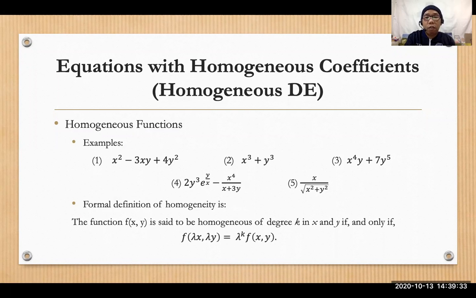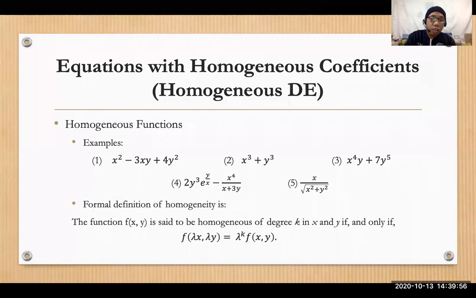So we have the formal definition of the homogeneity of a function. We will apply this definition in evaluating number 4 and number 5. Why are these functions, number 4 and number 5, homogeneous, when by just looking at them you cannot directly say so?